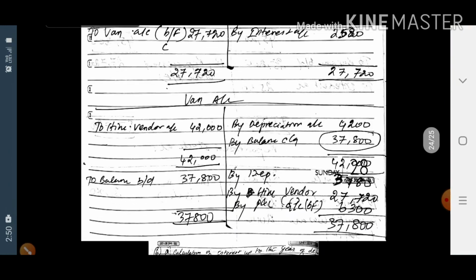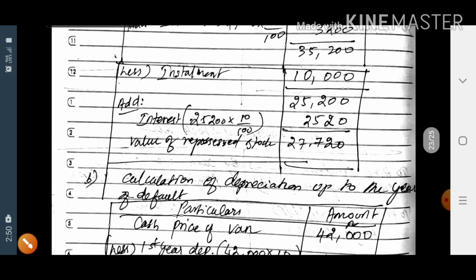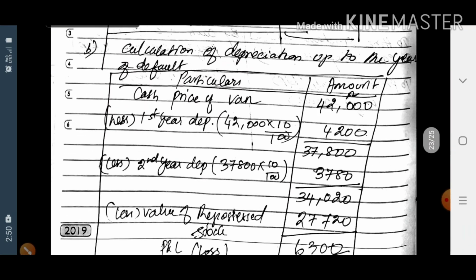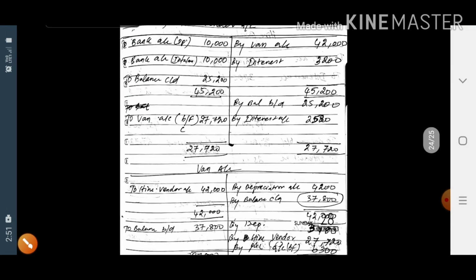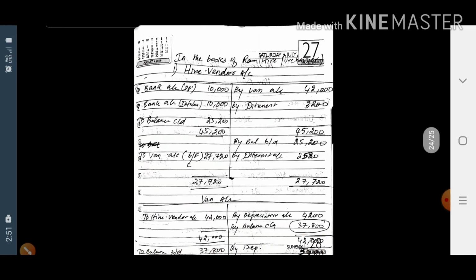So here, by depreciation first year, balance brought down, second year depreciation 3,780, and now the value of repossessed stock 27,720 and the loss of 6,300. These are all things we have calculated here itself. So after preparing the asset account, we have completed the books of the hire purchaser.